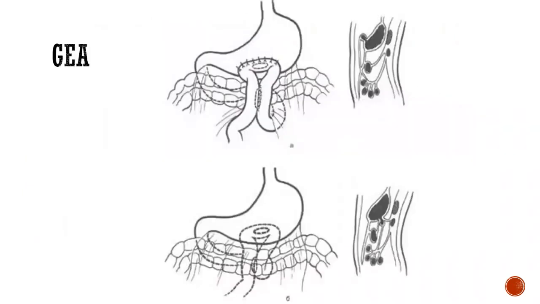And the terminal stage of decompensated stenosis in old patients and comorbid patients with chronic diseases is treated by gastroenterostomy, like a bypass.